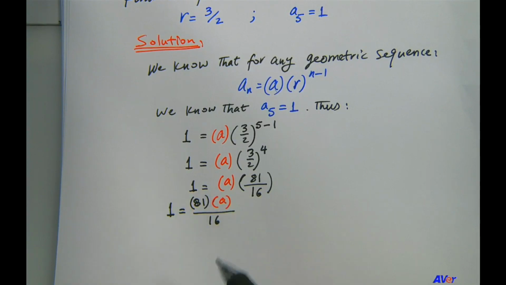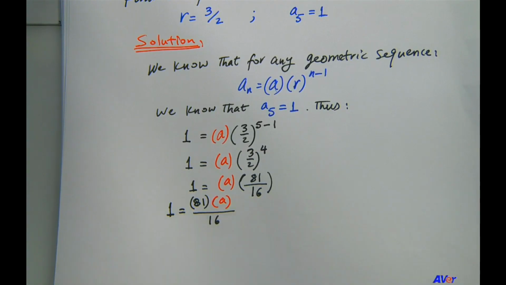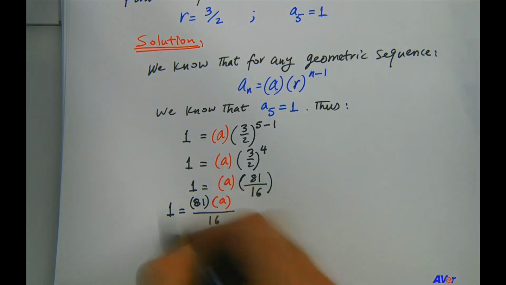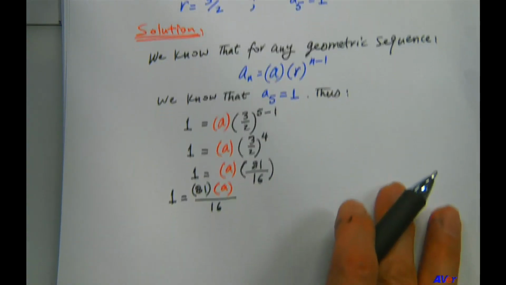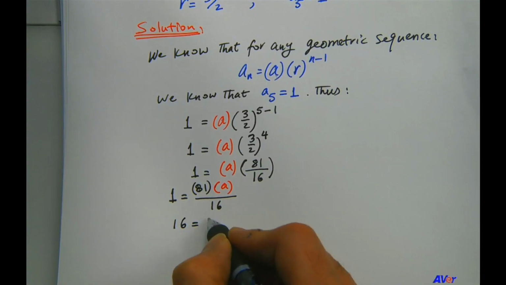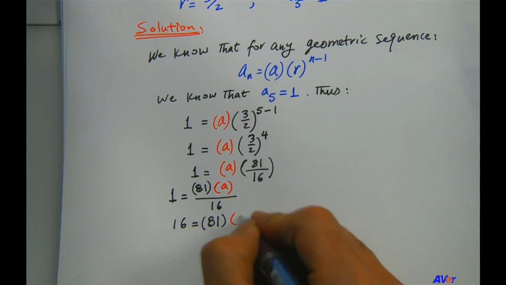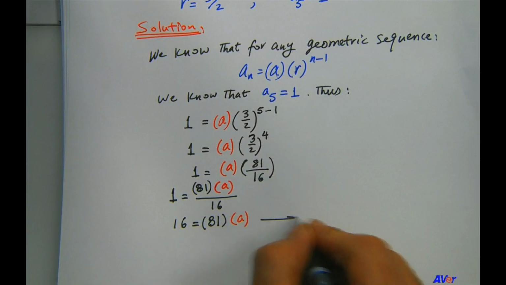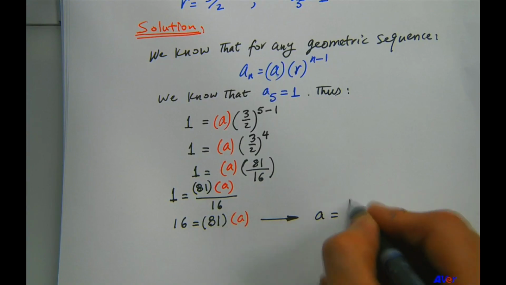Let's cross multiply. Or the way you like to think of it is multiply both sides by 16. It's no different. It's just two different ways of thinking about it. But cross multiplying or multiplying both sides by 16 gives us 16 equals 81 times A, and therefore A is equal to 16 over 81.